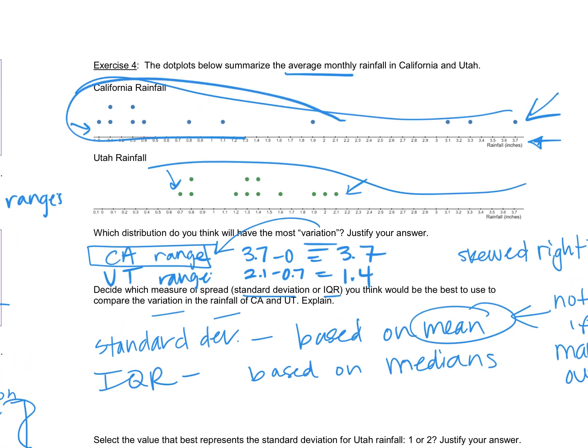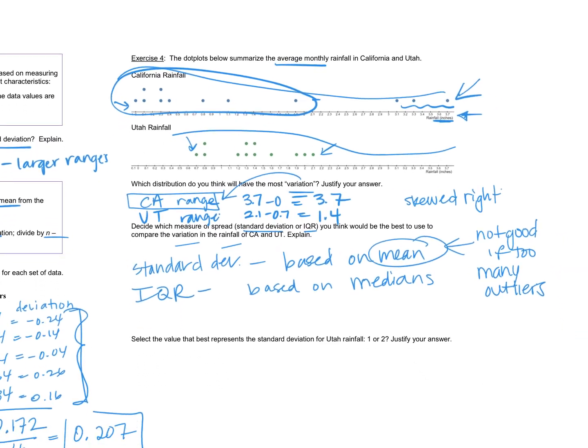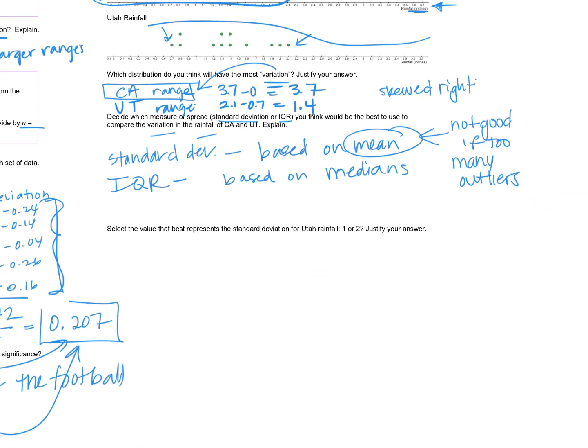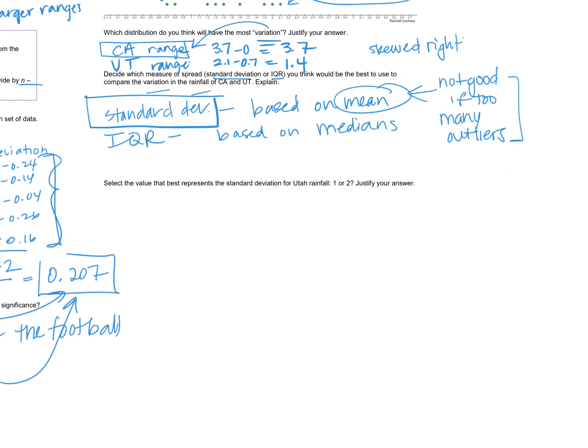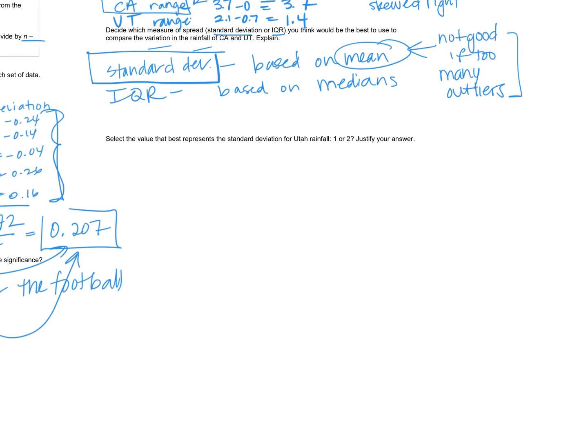So a lot of our data is sitting over here. So some of these would cause a big change in our mean. And so since California has a few outliers, I'd say that the standard deviation would probably be a better measure of spread.